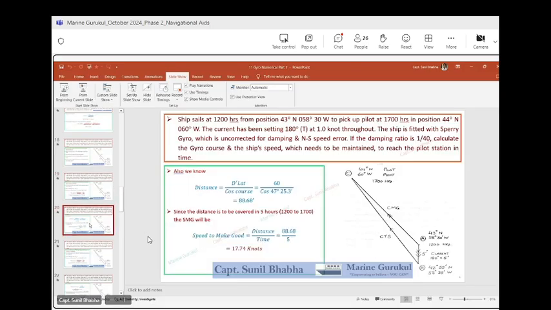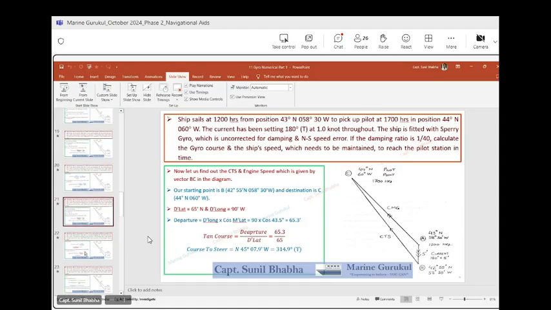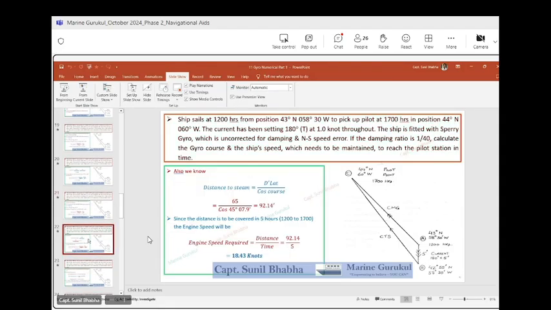This is the calculation of speed made good. Focus. This is calculation of CTS. This is engine speed.